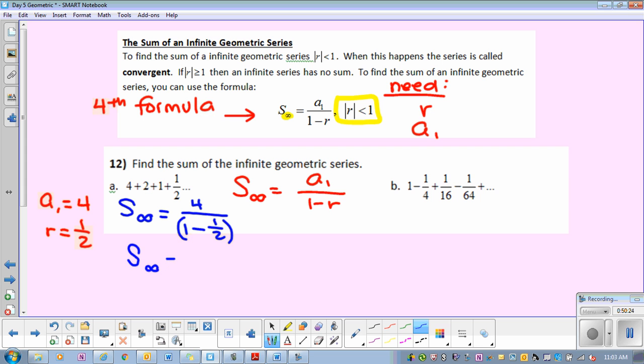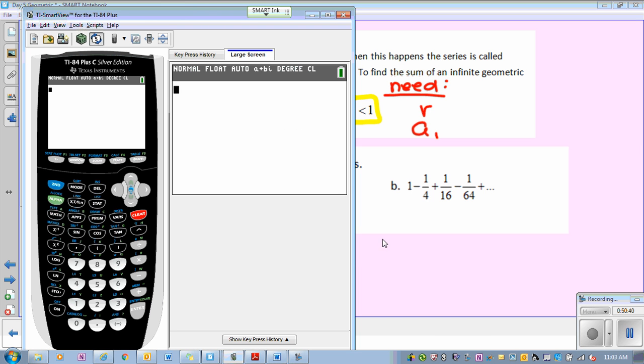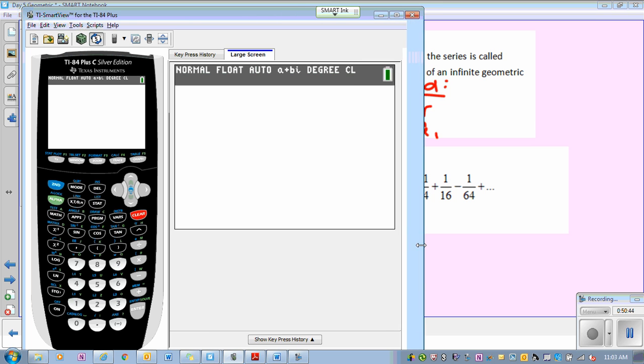So what is this sum? Eight. Got 8? Anyone else get 8? Yeah, it is 8. Now, I want to see if it works if you don't put parentheses around the 1/2, because it's a lot of parentheses, right?